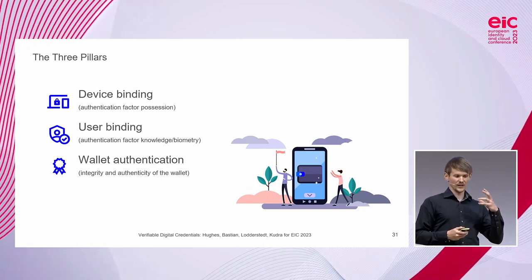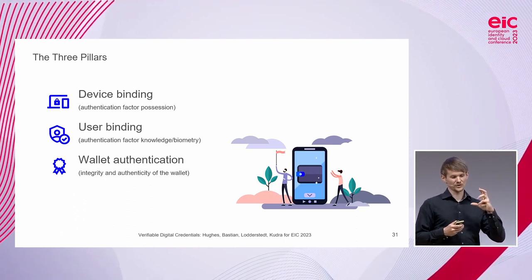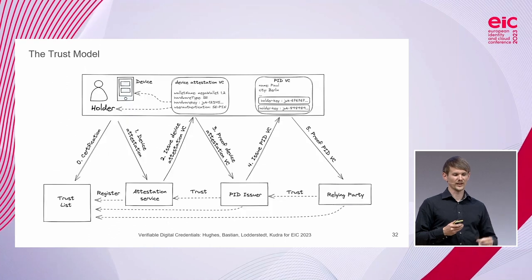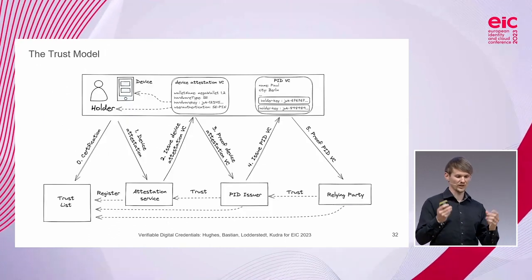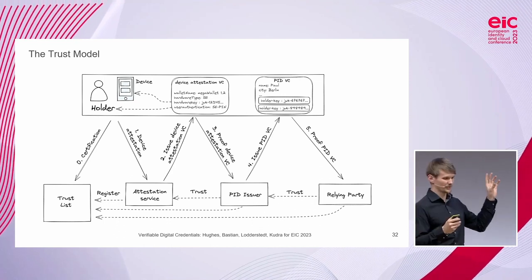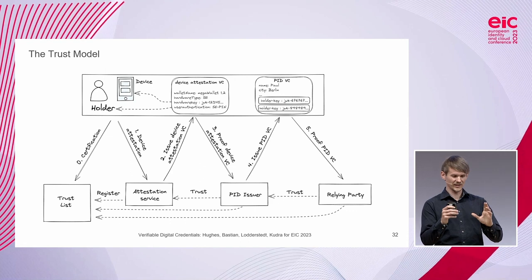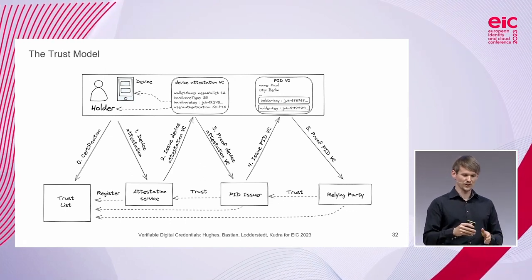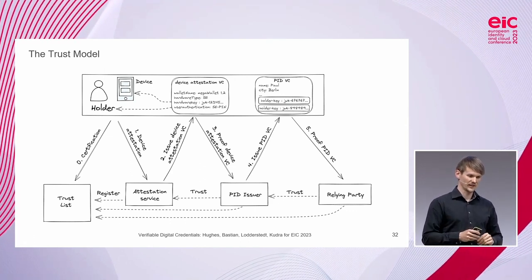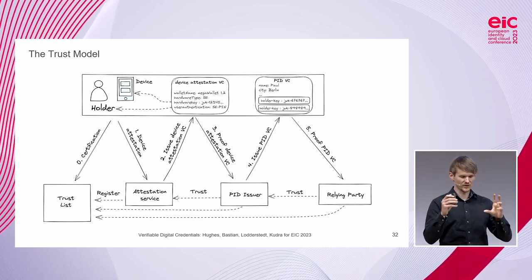And for a wallet attestation, we have looked into how we can combine these three main things into one model. And don't be too afraid of this diagram, because what you maybe recognize on the right side is the usual triangle that we see in our issuer, holder, verifier ecosystem.